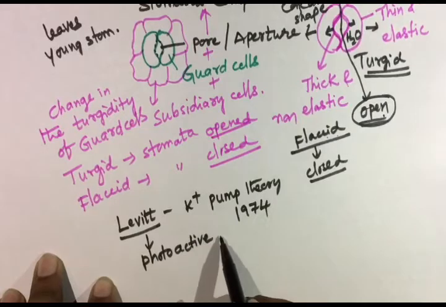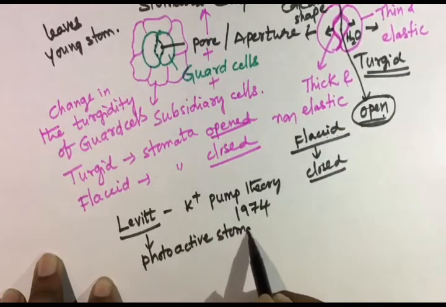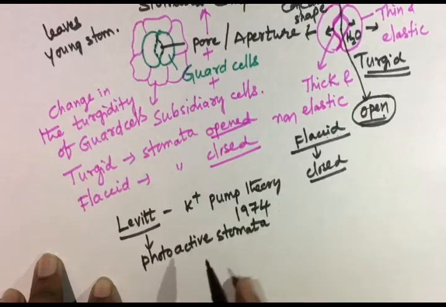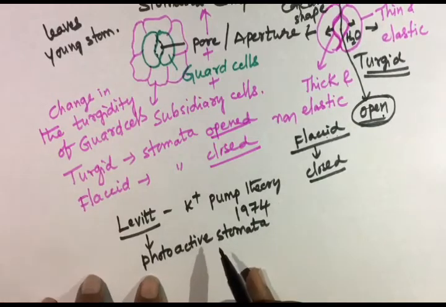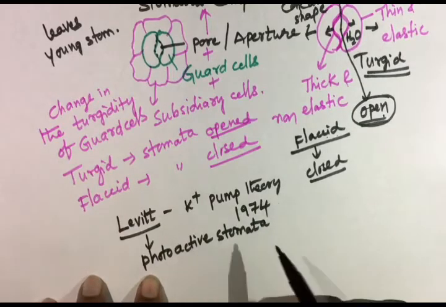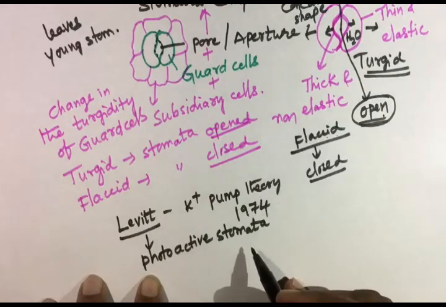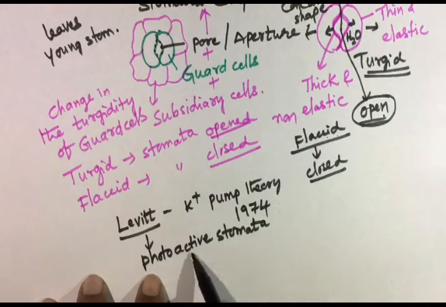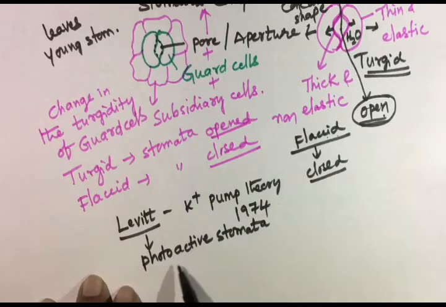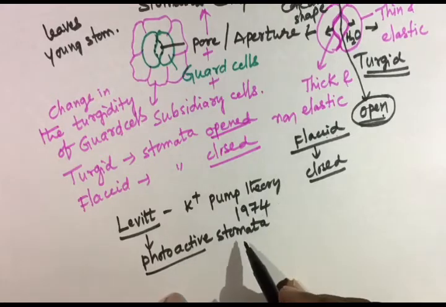Photoactive stomata are active in the presence of light, meaning in light they are open, and in the dark, during the night, they are closed. If stomata open during the daytime and close during the night, they are said to be photoactive stomata.